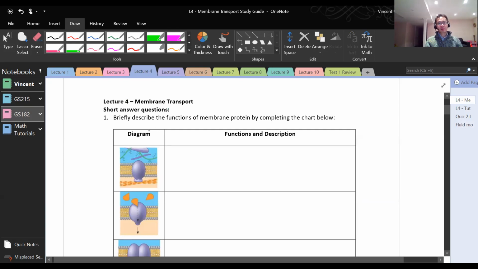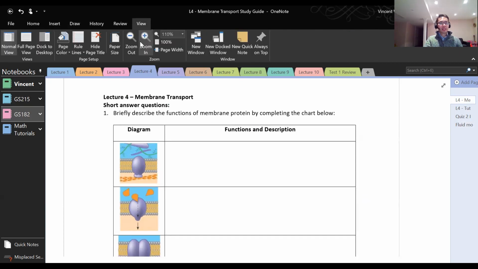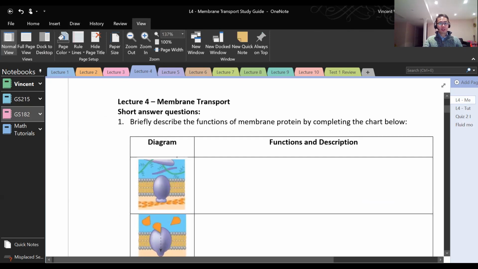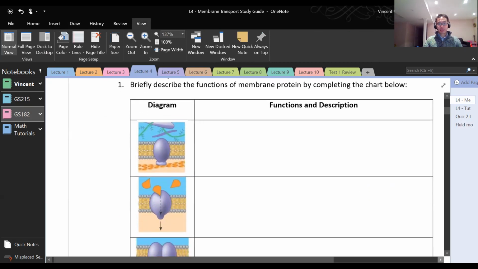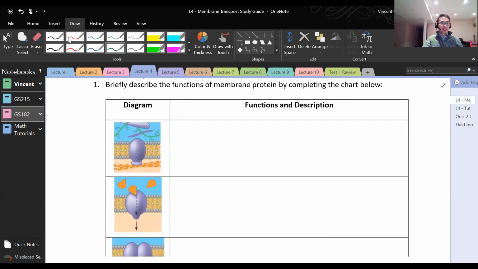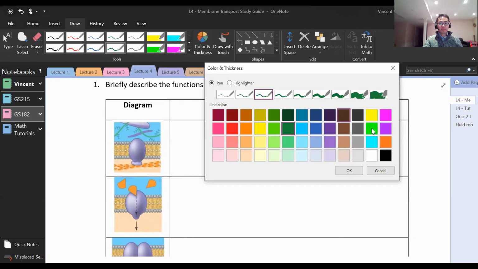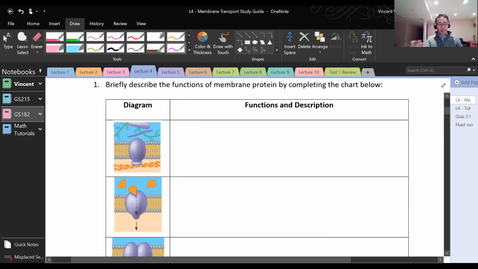First question: briefly describe the functions of membrane proteins by completing the chart below. So here is the first function. Let me try to fit all these things in the box. The first one is the ability, basically what I just described.